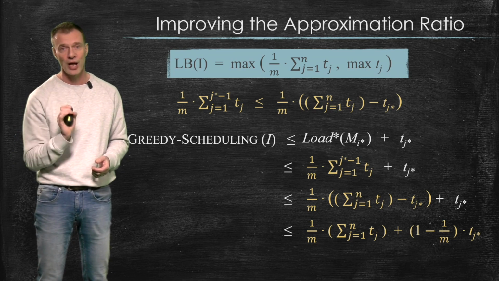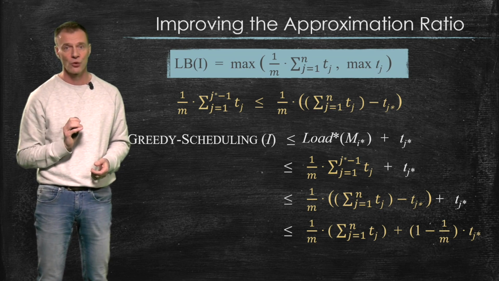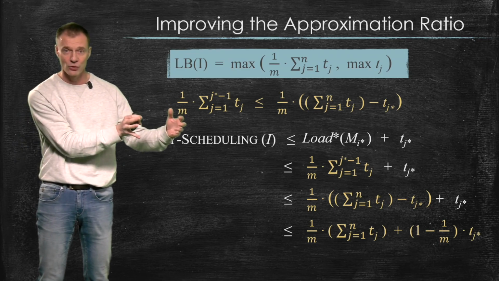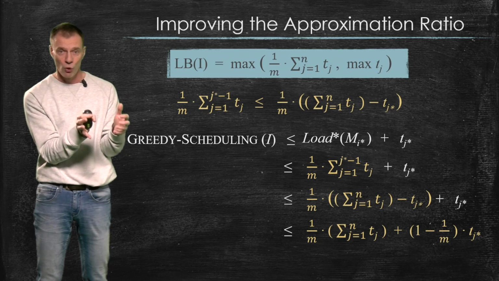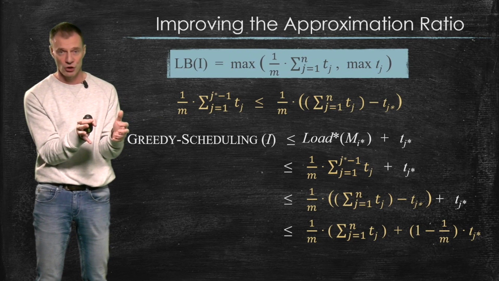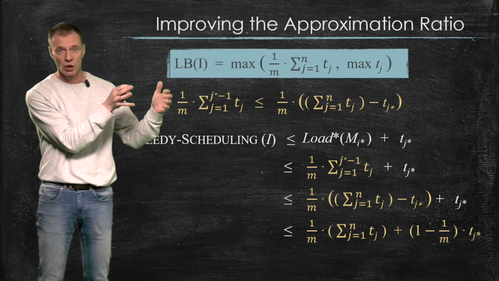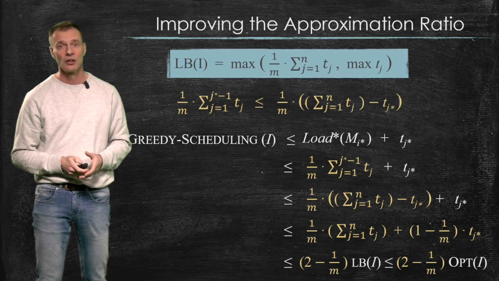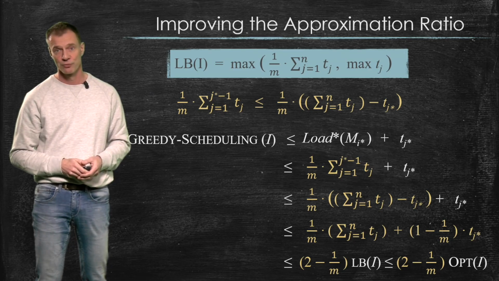And this 1 over m is a slight improvement, so in total, the first term was the lower bound, the second term is 1 over m times t_j*. t_j* is also at most the lower bound, so in total I get 2 minus 1 over m times the lower bound, and again we can conclude that this is at most 2 minus 1 over m times opt.